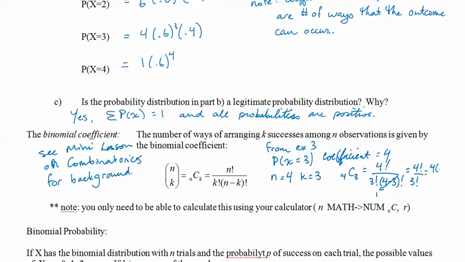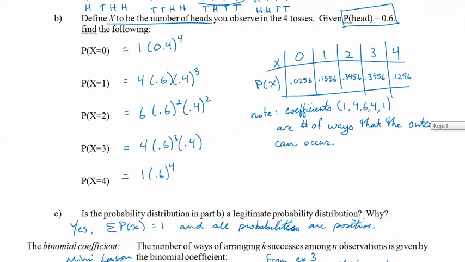Well, 4 factorial, remember, is 4 times 3 factorial. And those would cancel out, so our final answer is 4, which is what we originally had. So we can see from that example that the coefficient does work.